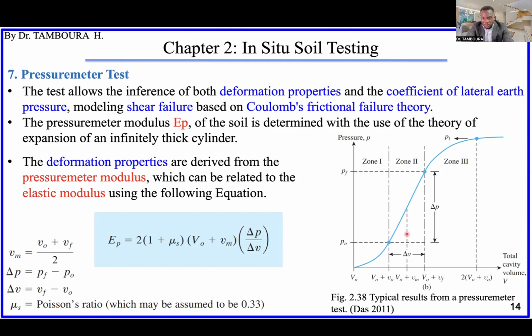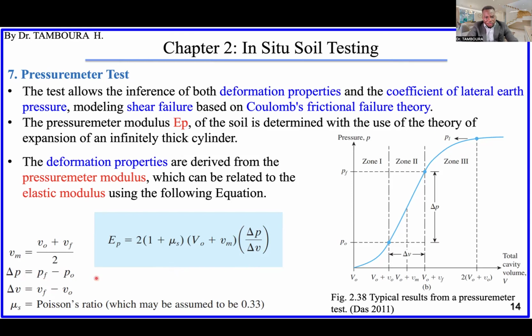So the formula is here: VF, the volume here, plus V0. Is this V or mu? Not mu. But you can see the difference, right? This is capital V, this is small v.